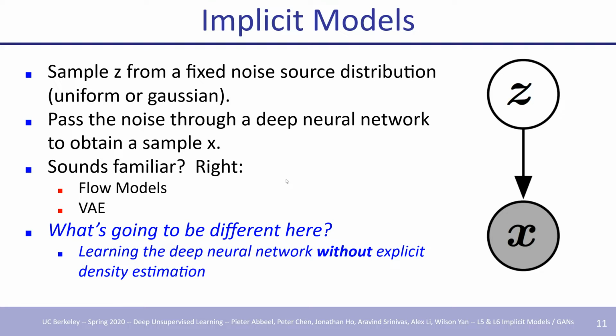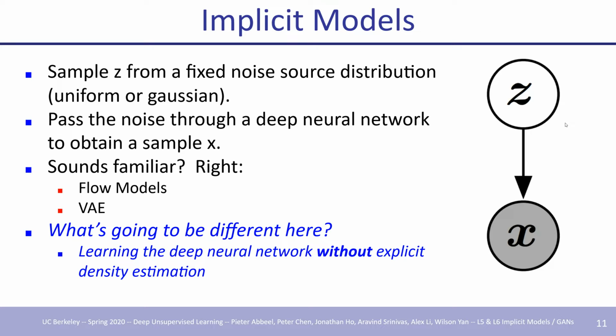But we are not going to bother with the density of Z. We don't have to keep track of the probability of Z, so you don't have to explicitly say what Z is. It is implicit because we still want to use the latent space, but it's not completely explicit here.